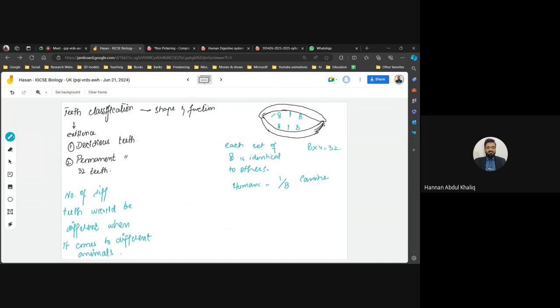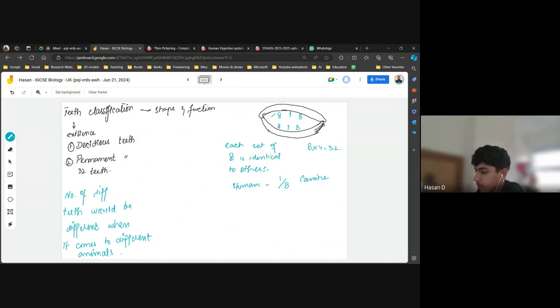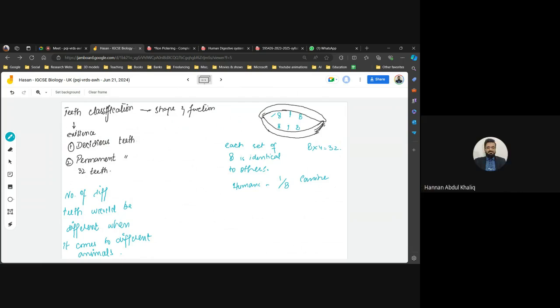It means 4 out of 32. In terms of the whole teeth, 1 of 8. Okay, so we said that we have 4 sets of 8. One out of each set we have a canine, so total 4 out of 32.